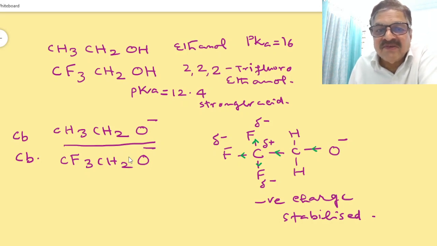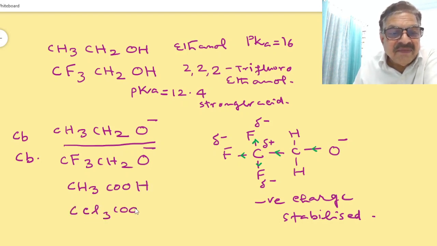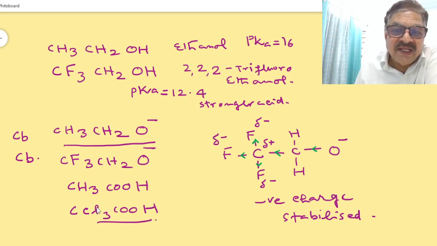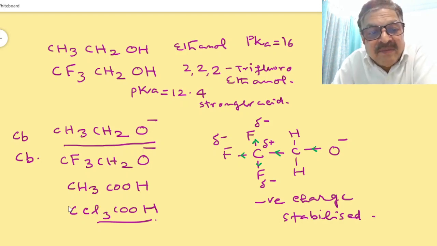The same system, acetic acid, CH3COOH, here CCl3 if you take it. This chlorine atom stabilizes the carboxylate anion, COO minus. Therefore, this will be more acidic than acetic acid. Like that, we can keep explaining.